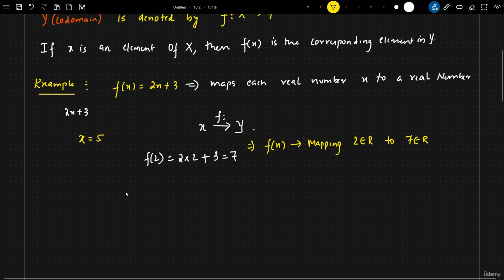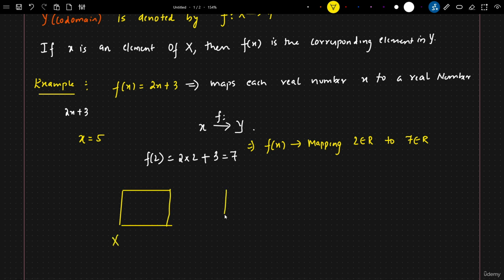So I have some x value with respect to the set, denoted by X. We are converting this into the set Y, or I can also say we are mapping from X to Y by using the function f of x. Inside this, I may have different values.